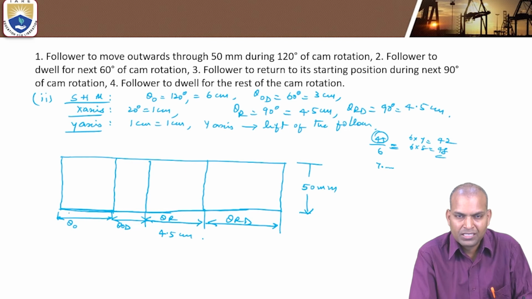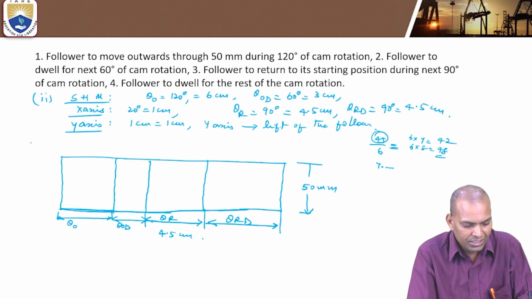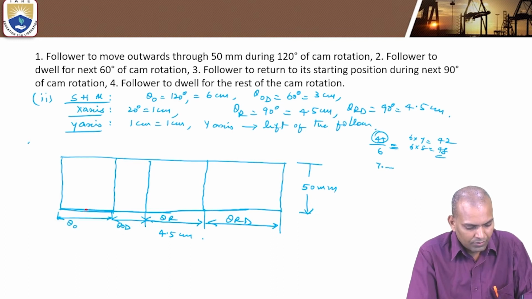Take 6 centimeters, divided into 6 equal parts, so each partition is 1 centimeter in length. Now you can divide easily. One centimeter equal divisions.